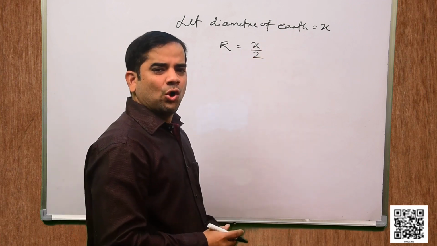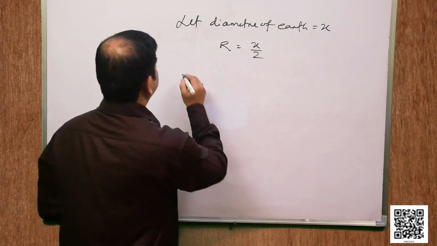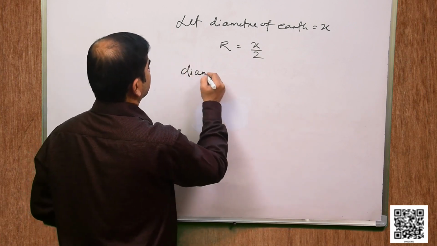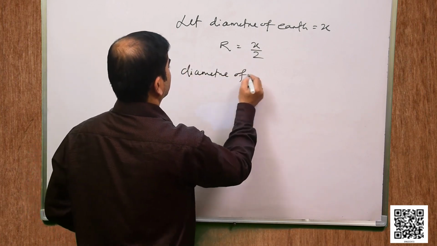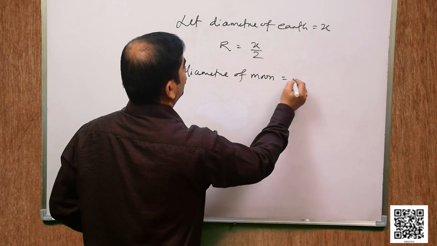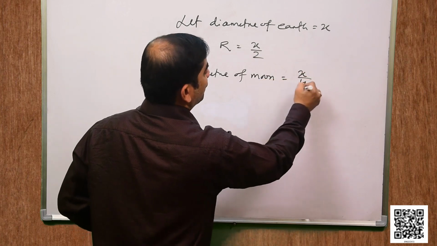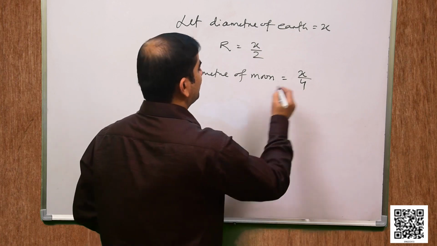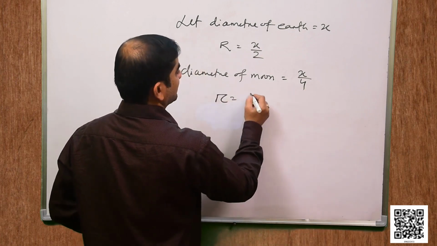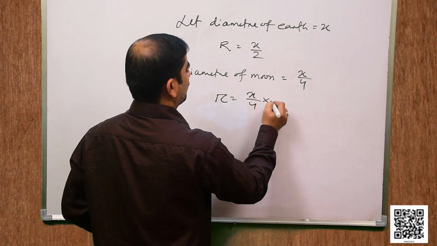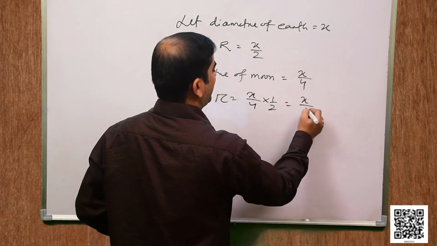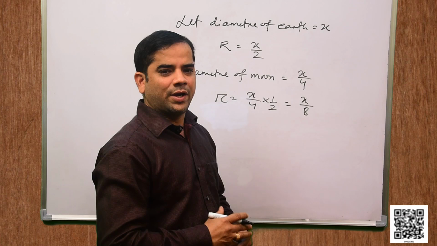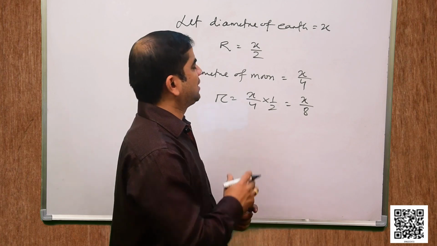Fine. So, diameter of moon is equal to x by 4, and radius is equal to x by 4 into 1 by 2, that is x by 8. So, let us find the volume.